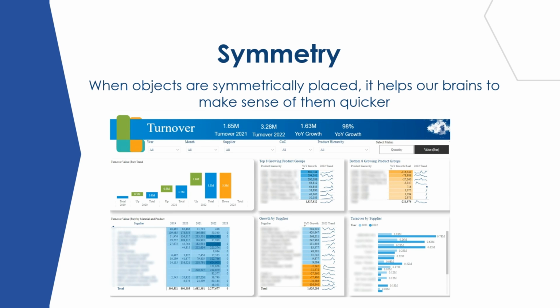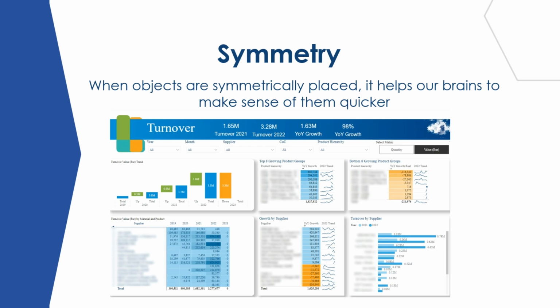Now the next principle is the principle of symmetry, and it's basically telling us that when objects are symmetrically placed, our brain scans and makes sense of them a lot quicker. This principle highlights the importance of alignment in your data visualization report.